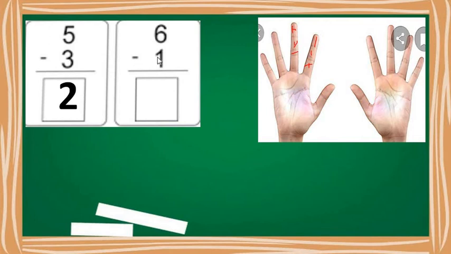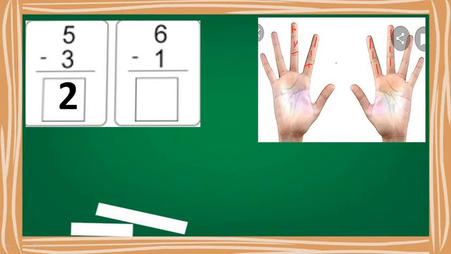6 minus 1. The sum is 6 minus 1. Count 6 fingertips. 1, 2, 3, 4, 5 and 6. The sum is 6 minus 1.